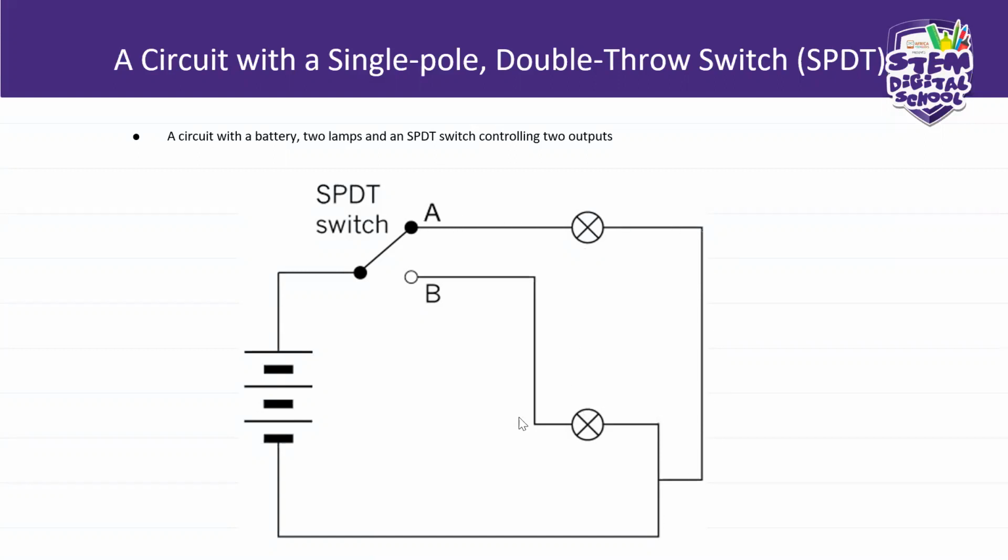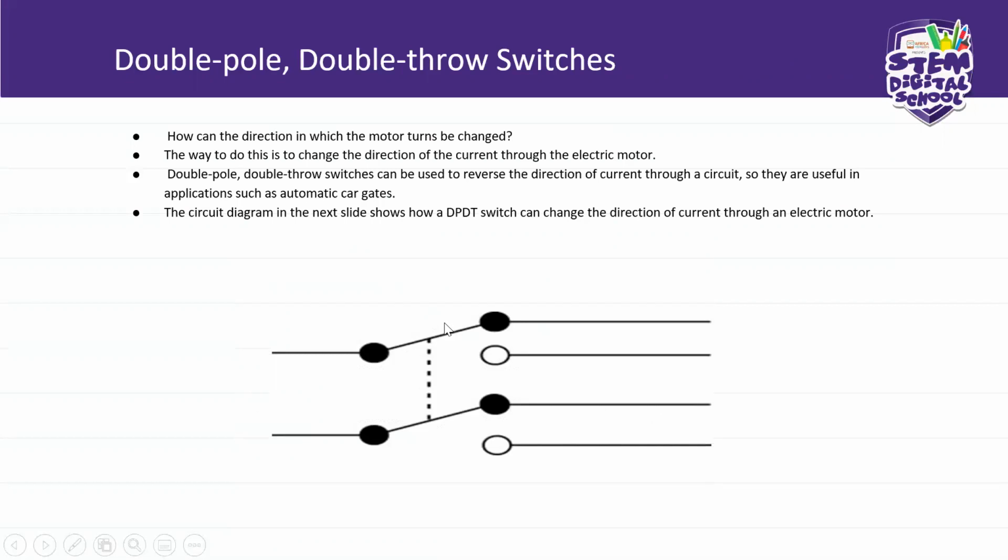So this is one parallel circuit. So the single pole double throw switch can function in a parallel connection of output components. Okay, did you understand that? The single pole double throw switch.